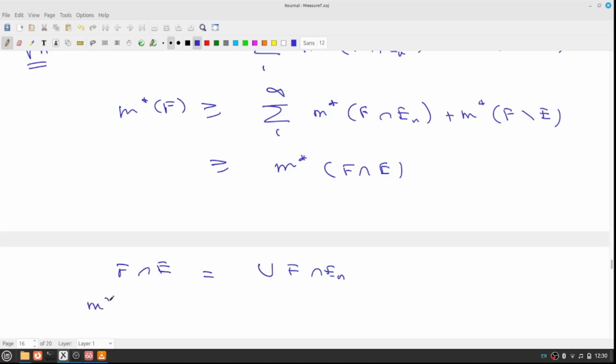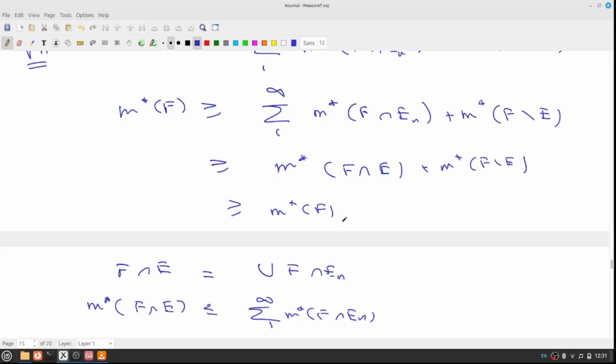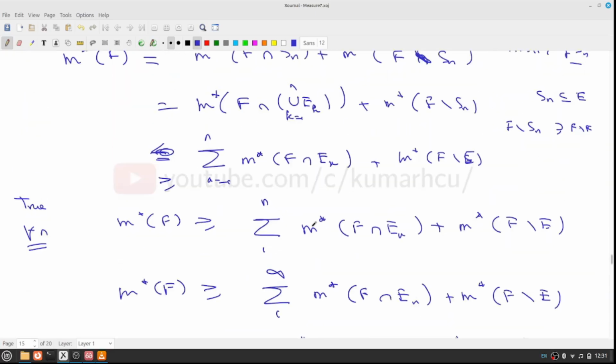Therefore, by countable subadditivity, m star of F intersection E is less than or equal to the summation of m star of F intersection En, 1 to infinity, plus m star of F minus E. But this is greater than or equal to m star of F always, again by countable subadditivity. Therefore, what do you think I have proved? I have proved that equality holds.